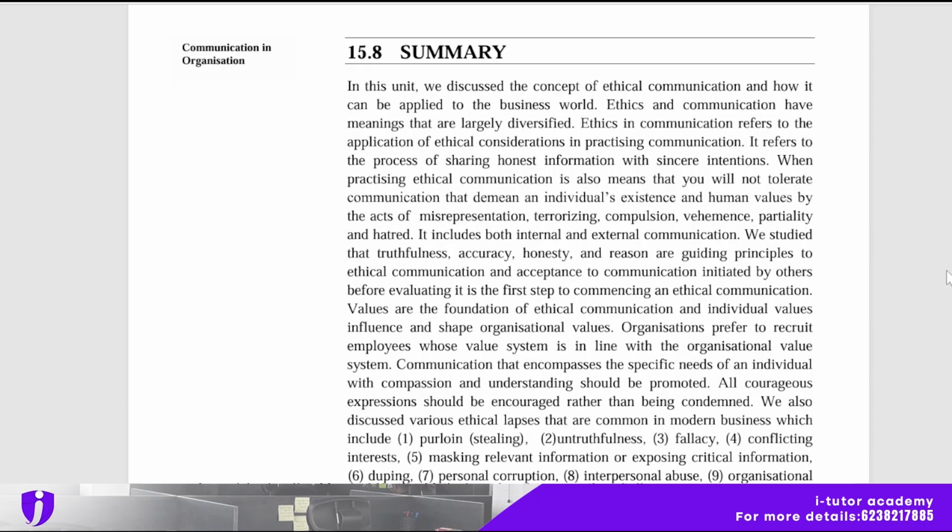It includes both internal and external communication. We studied that truthfulness, accuracy, honesty, and reason are guiding principles of ethical communication, and that accepting communication initiated by others before evaluating it is the first step to commencing ethical communication.